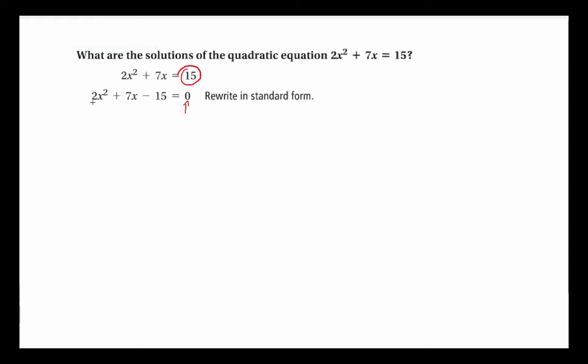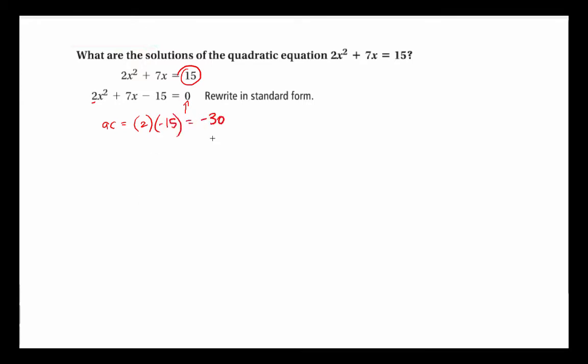You'll notice here we've got a 2 coefficient on x squared. The first question is, can we factor out the 2? Quickly we'll see these are both odd numbers, so we cannot factor out the 2. So using our AC method, we need to look at 2 times negative 15, which is negative 30.